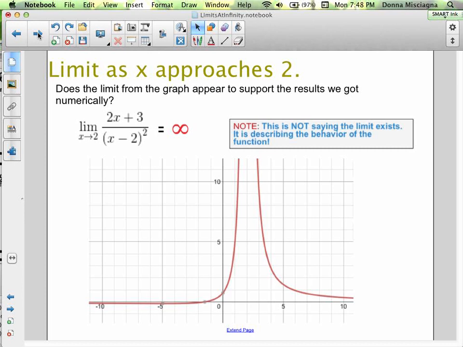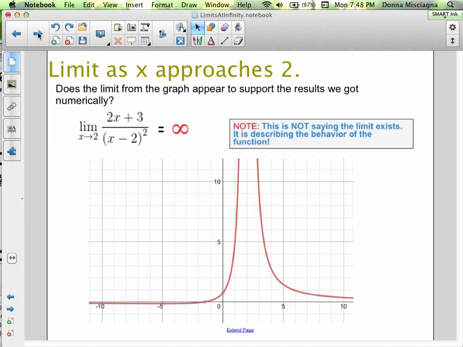Instead, it appears from our graph that as x gets closer and closer to 2, our function keeps getting larger and larger. And so does the limit from the graph appear to support what we can see numerically there? I didn't actually give you the results because I want you to think about it.